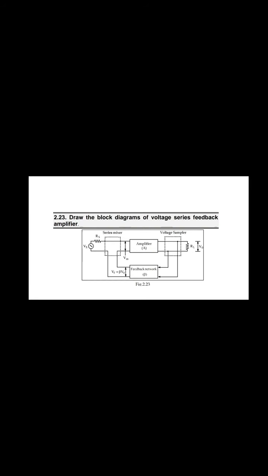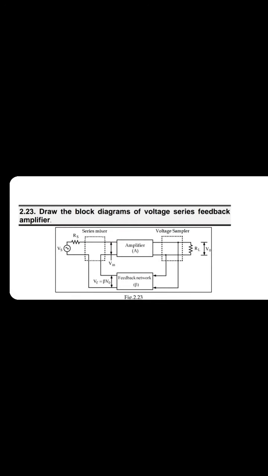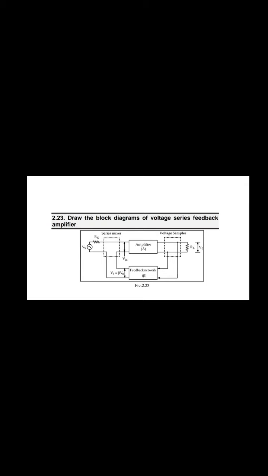Now we have to see the block diagrams of the different types of negative feedback: voltage series, voltage shunt, current series, current shunt. These are the four types. First, the block diagram of voltage series.